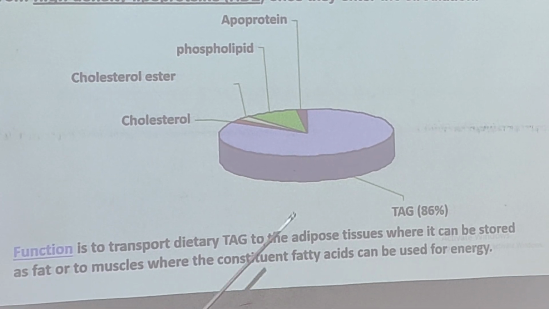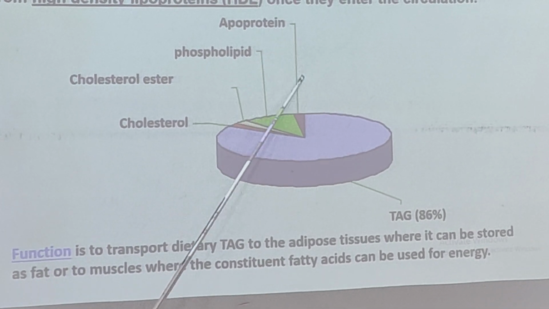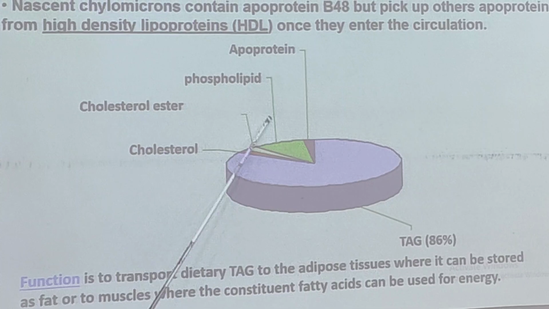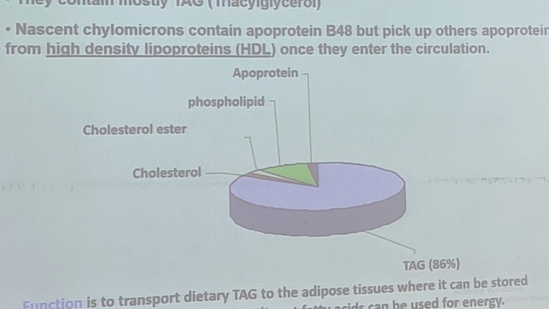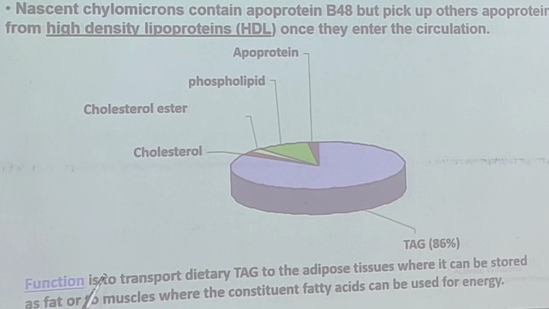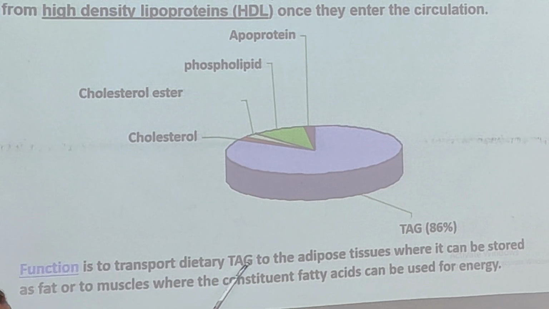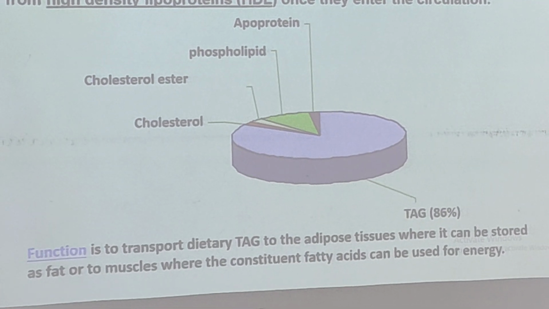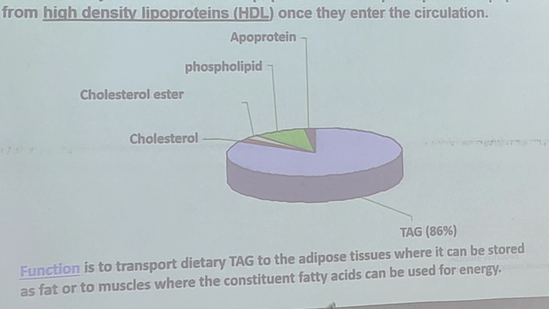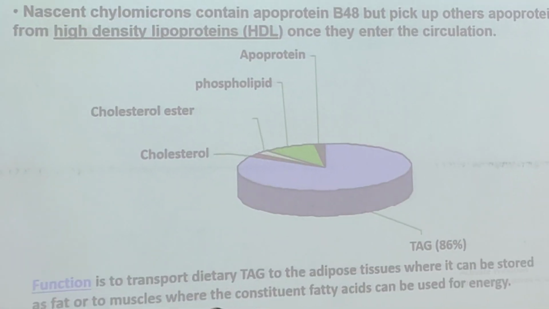Then we have less than 2% each of protein, phospholipid, cholesterol ester, and glucose. Its function is transporting TG directly to other peripheral tissue, for example adipose tissue and muscle.